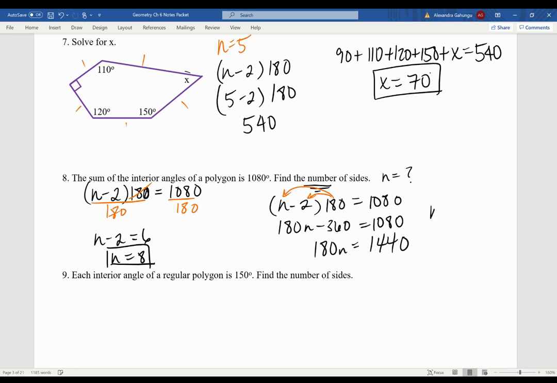What's nice is that both ways n will be equal to 8. So we have an 8-sided polygon.